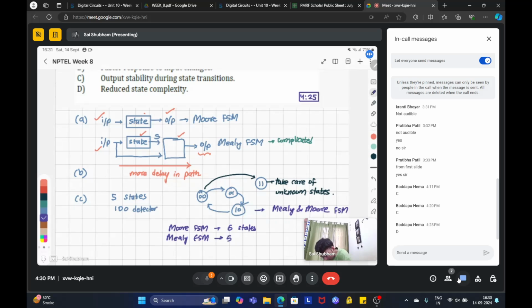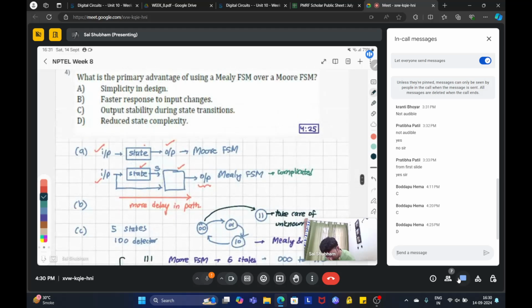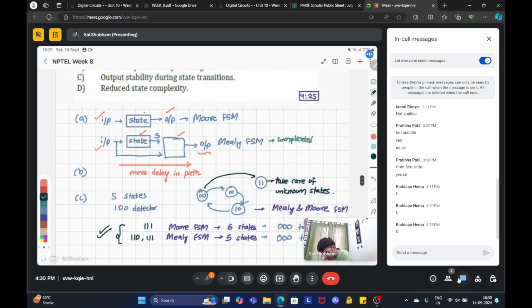So it will have 5 states. So if you do a 3-bit encoding, it will go from 000 to 101 for Moore, and in this case, it will go from 000 to 100. So in both the cases, you have 110 and 111, states which are not used. So you have to specially take care of them. So output stability during state transitions is actually questionable. Okay, we have to additionally take care of them.